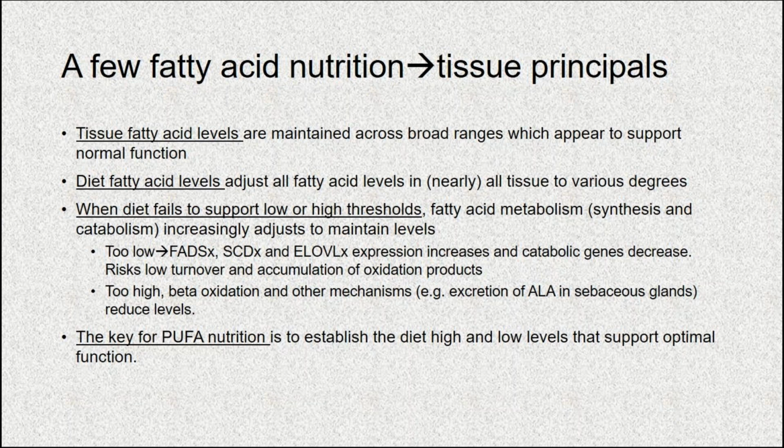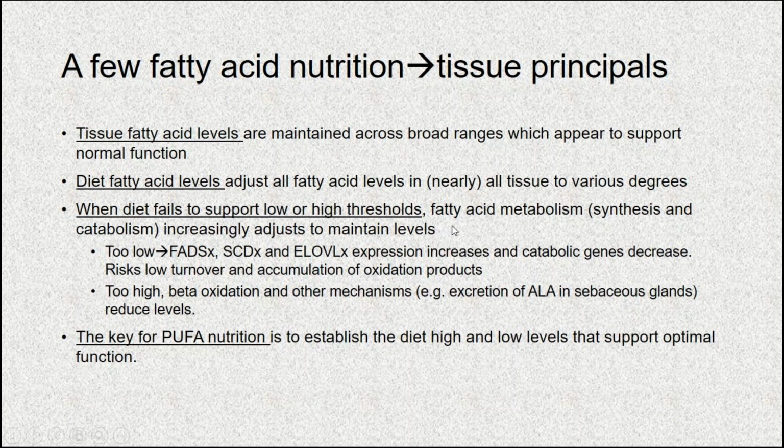We really notice in most tissues broad ranges are sufficient. However, dietary fatty acid levels adjust fatty acid levels in nearly all tissue to various degrees. When diet fails to support high or low thresholds, fatty acid metabolism kicks in, so synthesis and catabolism, that is the making of long-chain fatty acids, or short-chain, or their degradation, and that serves to maintain the levels that the tissue requires.